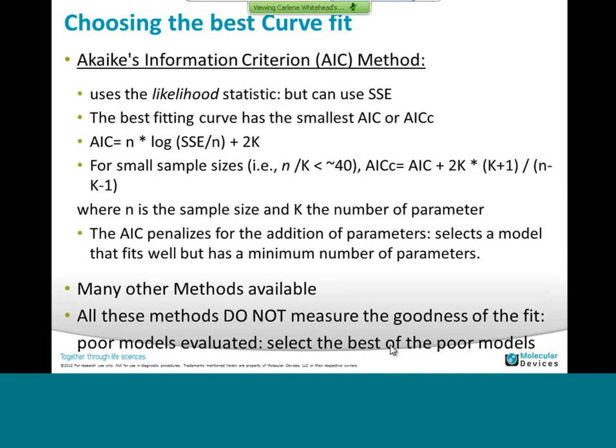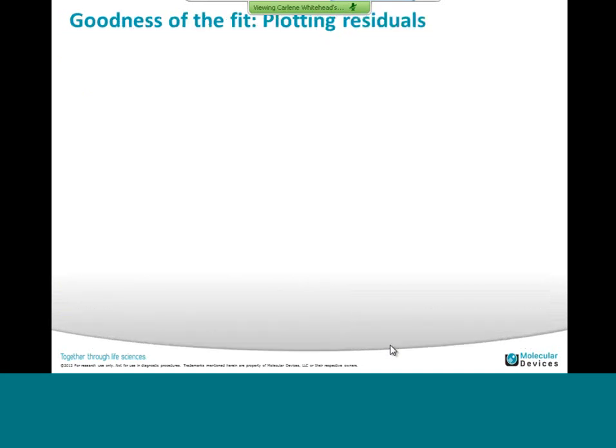There are many more methods available to choose the best curve fit, but here we have just selected a few. In addition, all these methods do not measure the goodness of the fit, and if you are evaluating only poor models, then SoftMax Pro will logically select the best of the poor models. So you have to be careful which models you are evaluating.